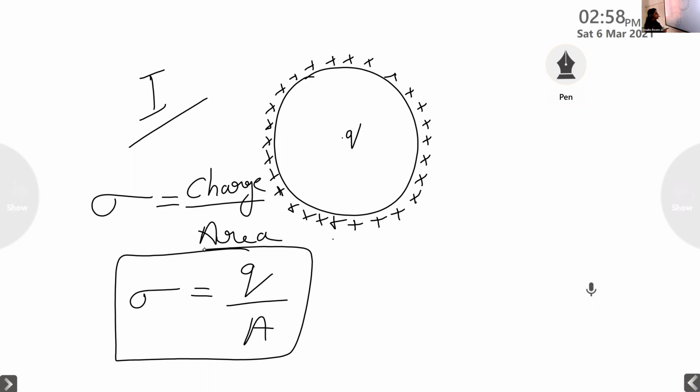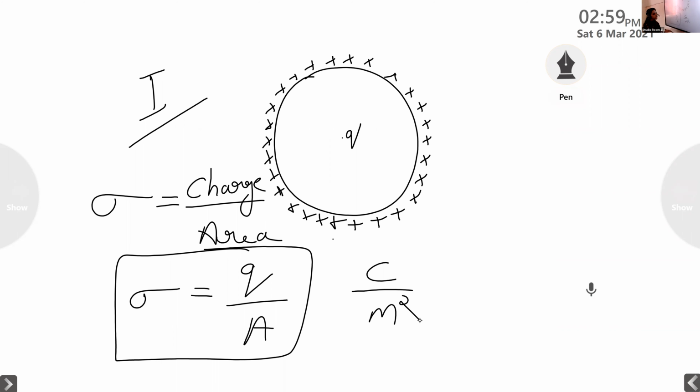What is the unit of the surface charge density then? Aditya, have you any guess? What about the unit of the charge? Coulomb. We have expressed the length in terms of meter, so the unit of area is meter square, right?